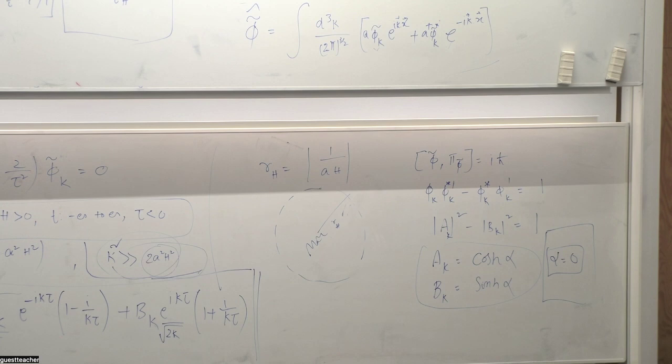Adiabatic vacuum. It is approximately true, and also it is only for a particular set of scales. You do not want to worry about, for example, a fluctuation which has Planckian energy. You do not look at Planckian energy fluctuations during inflation.